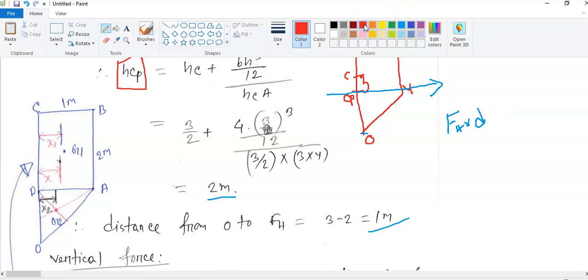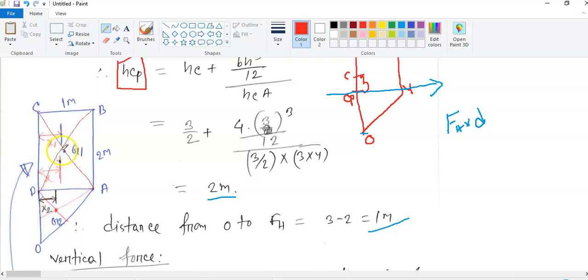So the first thing is, if we want to find the centroid, maybe you can draw a line like this, and another line like this, so this point is the centroid for this one. When it is the triangle, let's draw this line and this line, so this is the centroid G2.